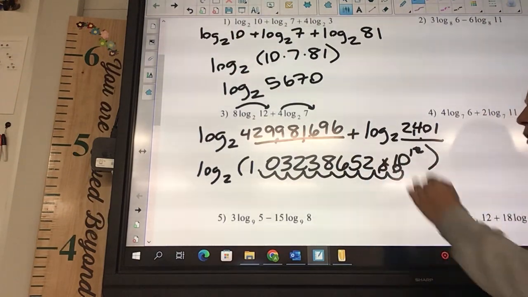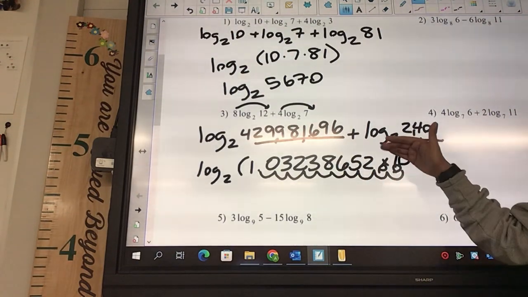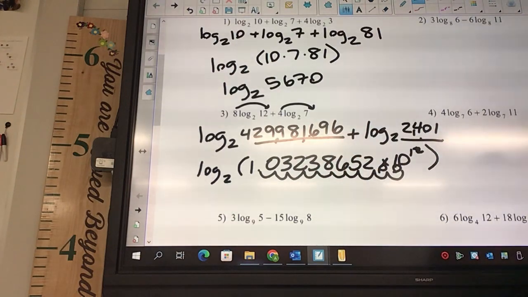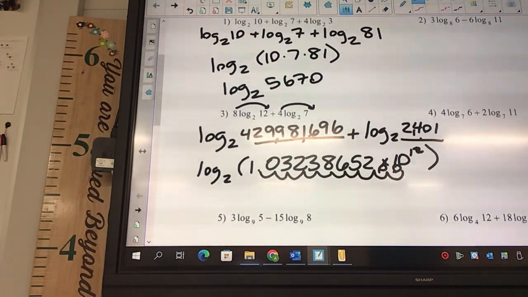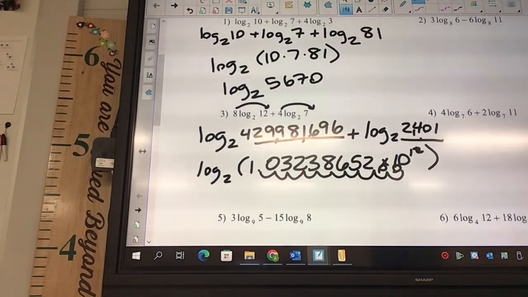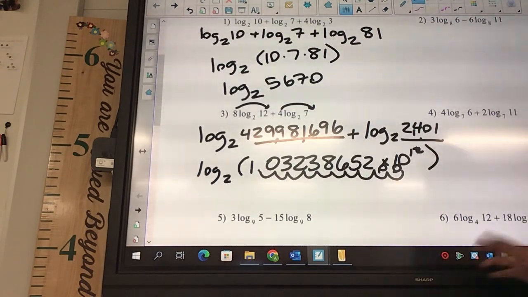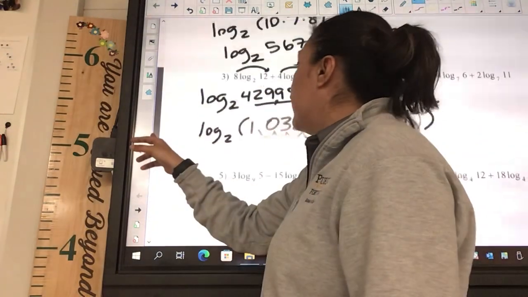There's 2 more zeros after that number. So the number is really this big, and sometimes you're going to get really, really large numbers, and that's totally okay. Write down what the calculator says.